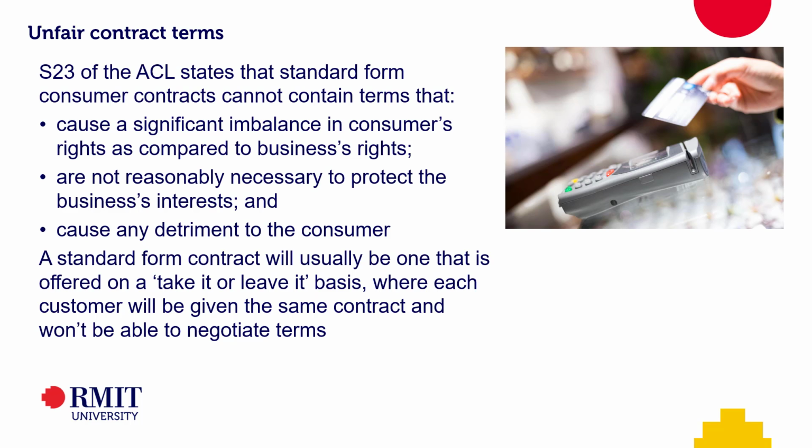We've looked at that kind of scenario today when we think about the car parking case, the one where the car was stolen, the Davis case. There's a significant imbalance in the rights, in the sense that there's a broad limitation clause, and so basically the owner of the vehicle is taking all of the risk in relation to the car.